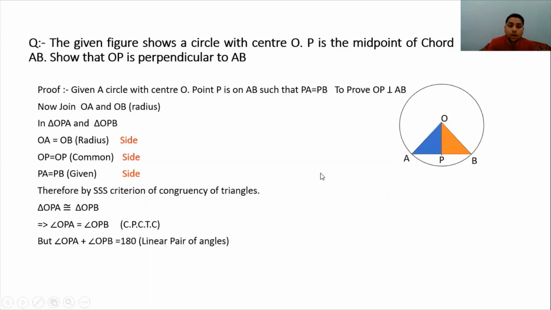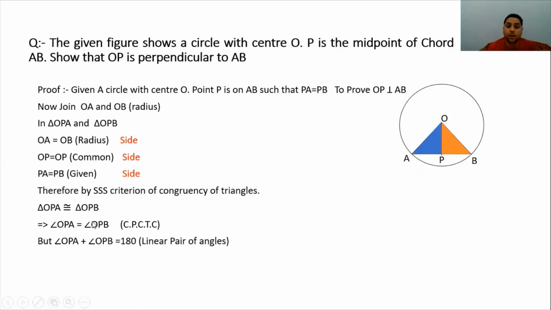Now if we look here, we have chord AB and OP is a line segment which meets it at point P. The sum of the two angles, angle OPA and angle OPB, is equal to 180 degrees, because they form a linear pair of angles.